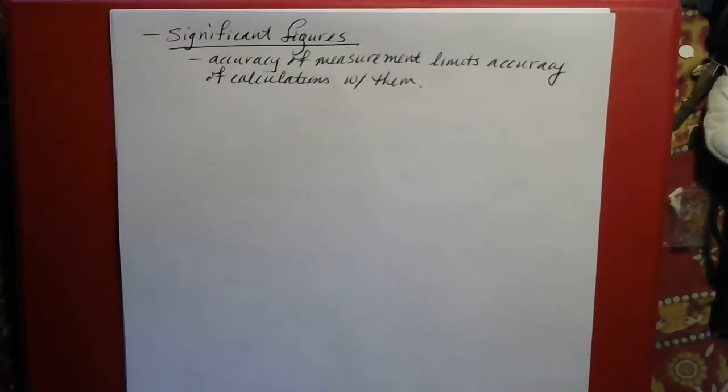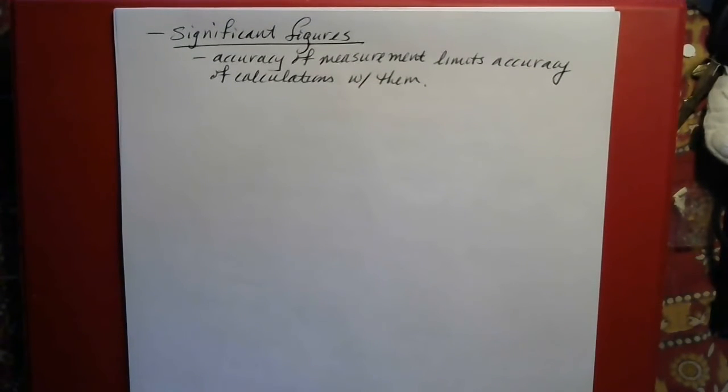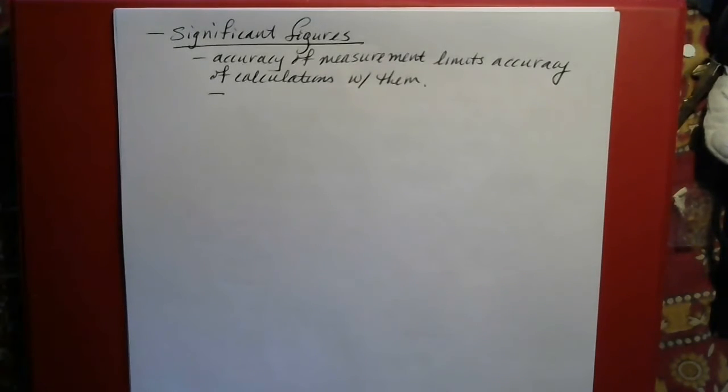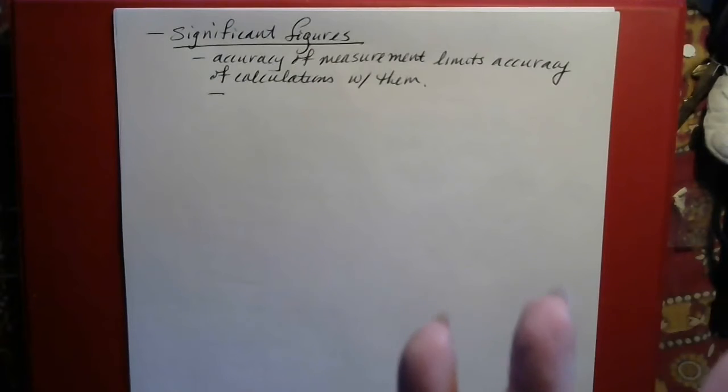So the fact is that anytime you do a measurement of any kind, there is a limit to the accuracy with which you can know that measurement. That accuracy can be limited by things like the divisions on the measuring device, the quality of the measuring device, how carefully you're using it, the sharpness of your eyesight, all kinds of different things.